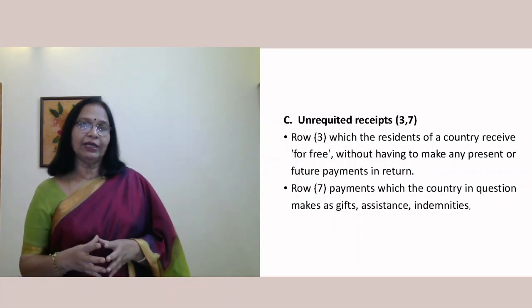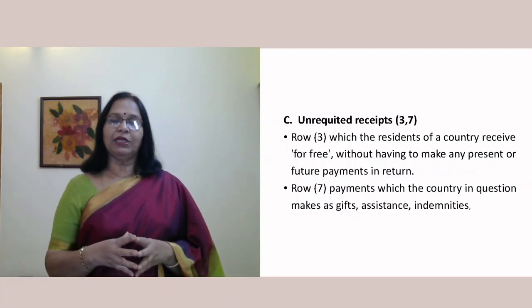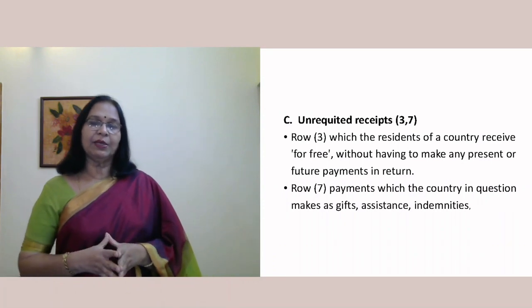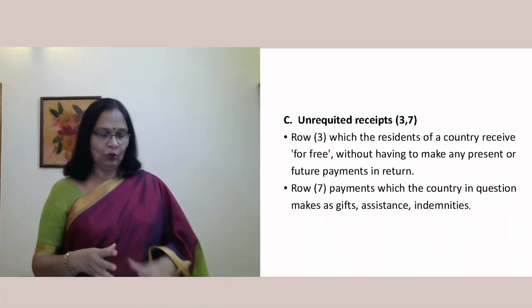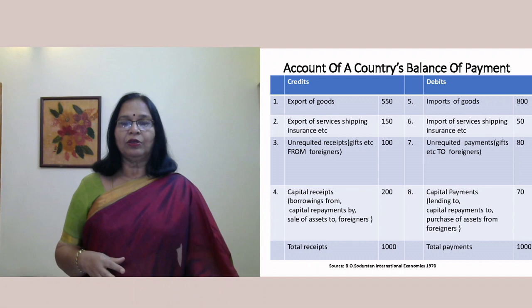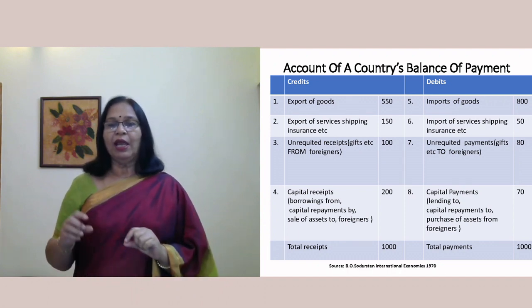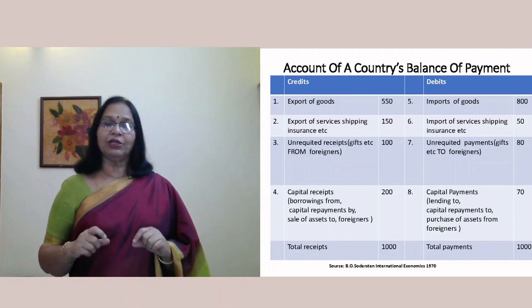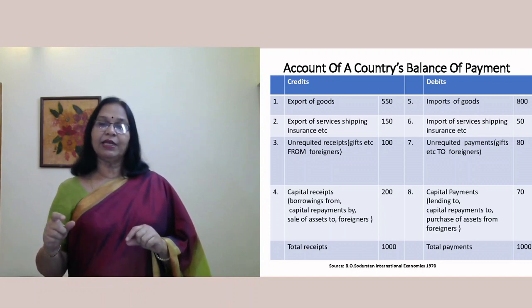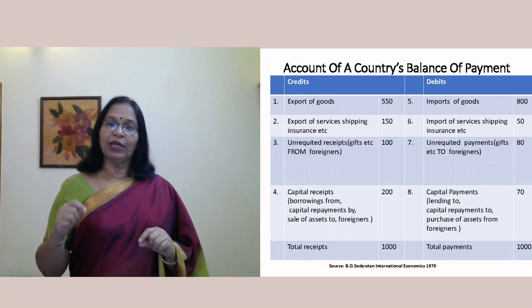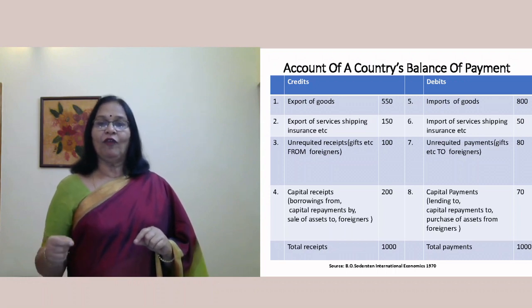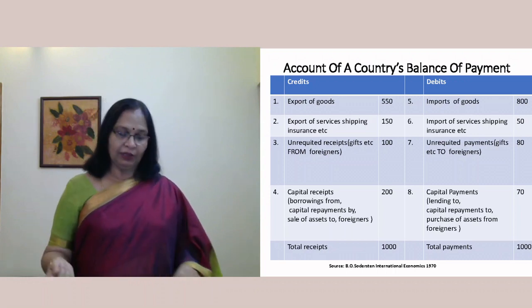Then the third item is the unrequited receipts, rows 3 and 7. Row 3 is unrequited receipts of 100, and that is a credit to the country, and 80 monetary units we are showing as a debit from the country, where we are making payment to another country.